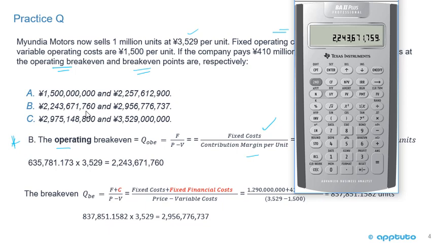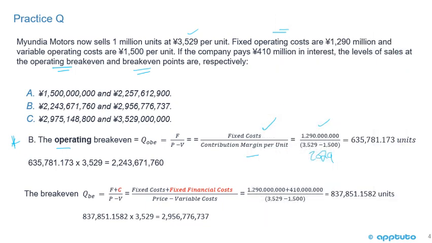So the correct answer is B. We only had to calculate the operating break-even, which is fairly easy. It's the fixed cost divided by our contribution margin per unit. They gave us the fixed cost, and it's easy to calculate the contribution margin per unit. So we get it in terms of units, and then we multiply by the selling price to put it back into money terms.